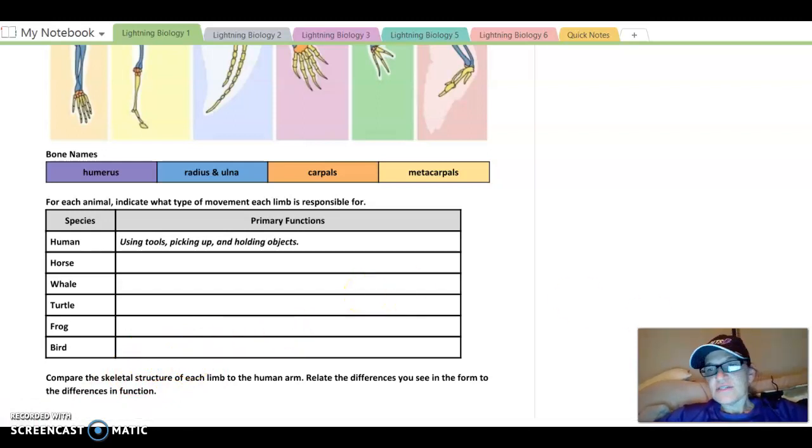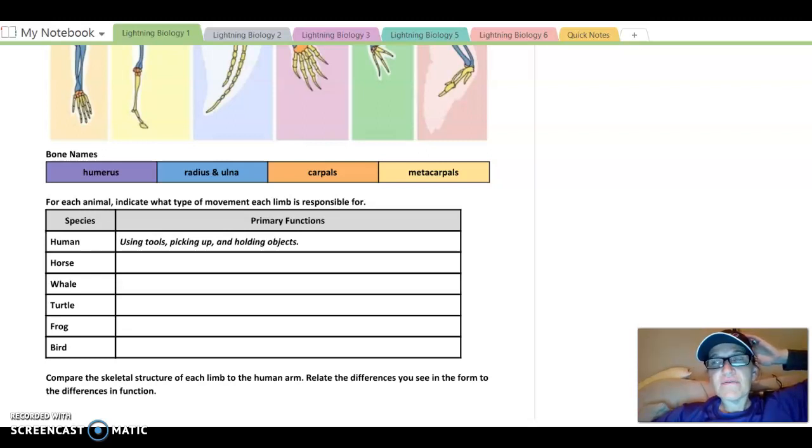Then it's going to ask you to compare the skeletal structure of each limb to that of the human. We're comparing it back to the human arm, just because the human anatomy is our point of reference quite often. Relate the differences you see in form and the differences in function, because we're going to talk about whether it is more important to have similarity in the form, in the structure, or similarity in the function.